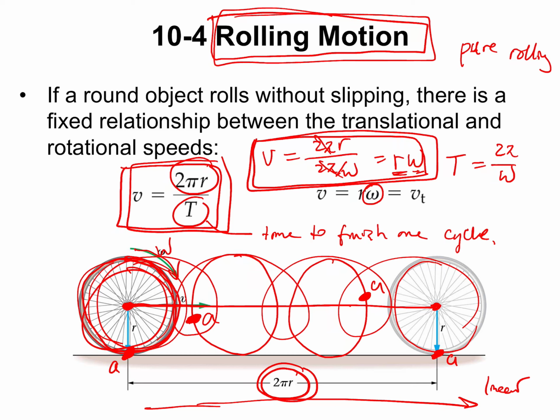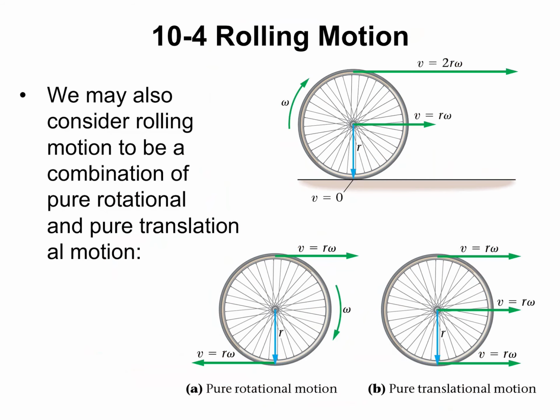So that is rolling. By looking closer, we can tell that rolling can be separated into two motions: one is a pure rotational motion, and one is a pure translational motion, or pure linear motion.